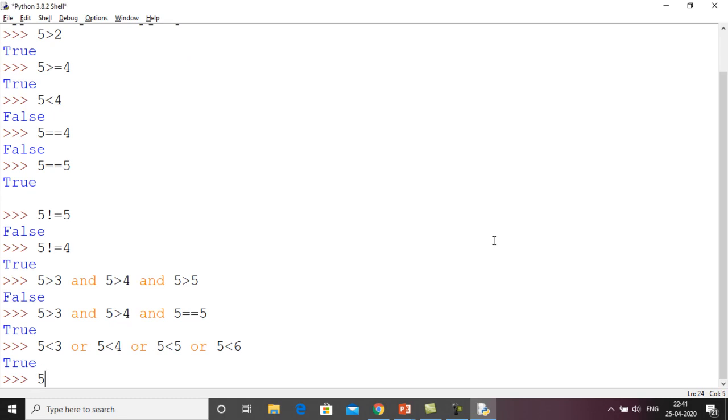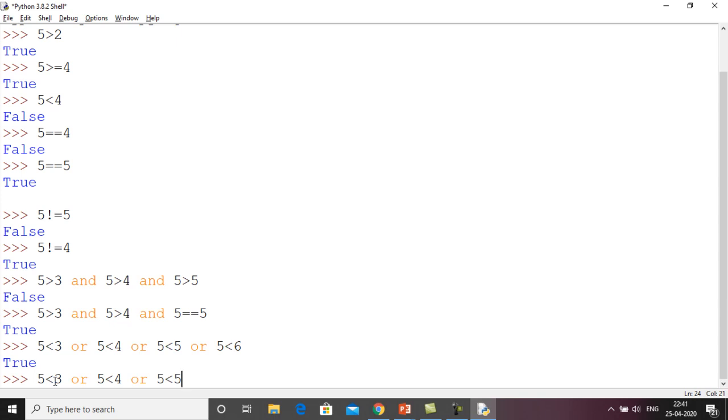You can see that even if a single condition is true, then in case of OR the entire result is true. But suppose it is written 5 is less than 3, or 5 is less than 4, or 5 is less than 5; we have specified only these 3 conditions.